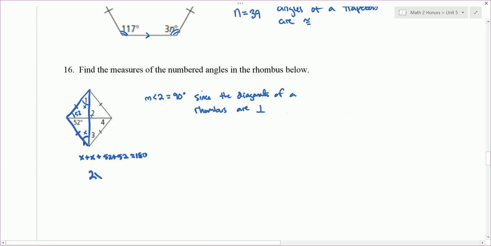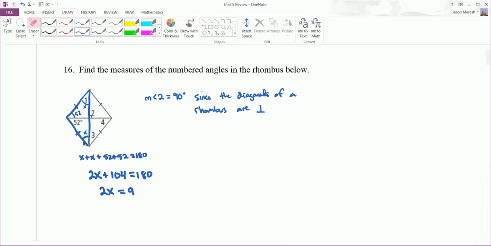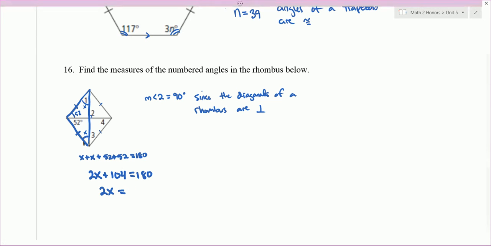So that's 2x plus 104 is 180, or 2x equals, subtract 104 from 180 and you get 76, and divide 76 by 2 and get 38.